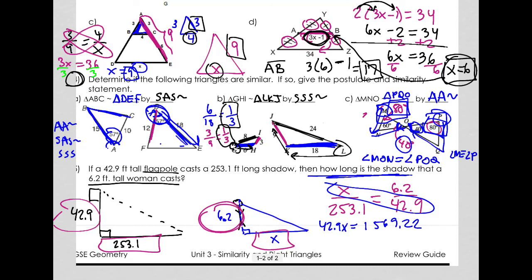And then of course our last step is to divide by 42.9 on each side, and we get that x is equal to 36.578. So I'm just going to round it to 36.6 feet. Make sure you put units when we're talking about actual measurements. So that's how long we would expect her shadow to be.